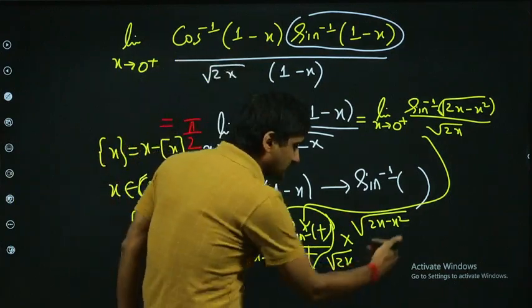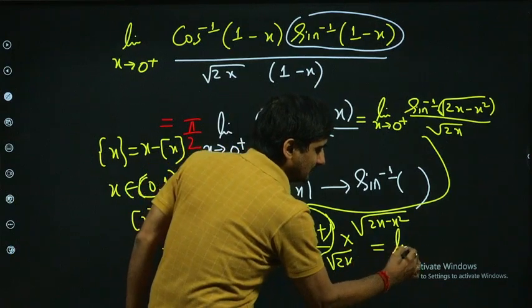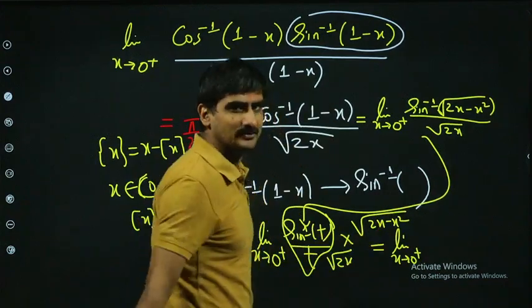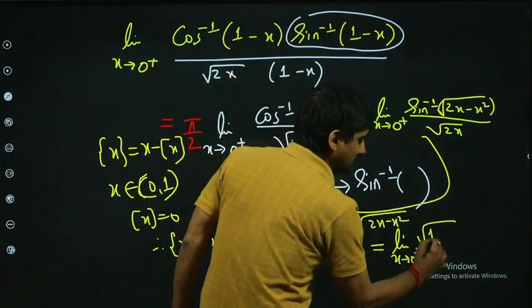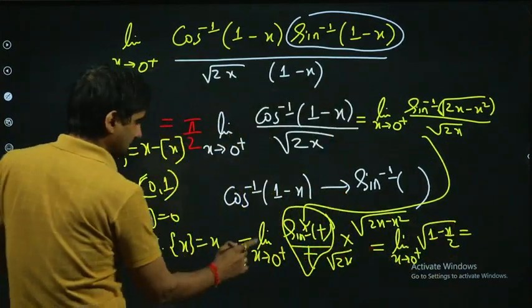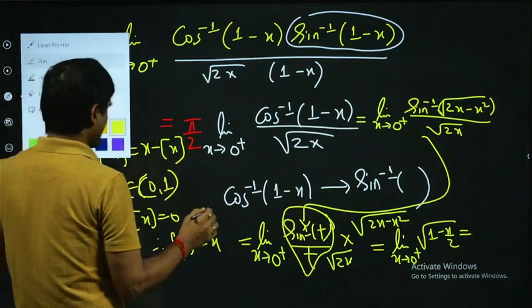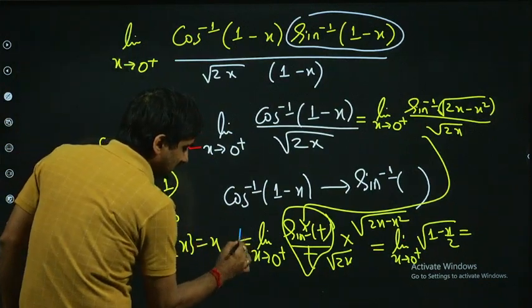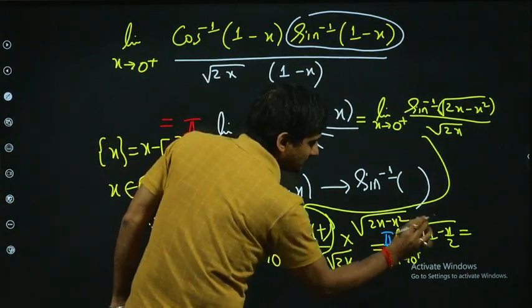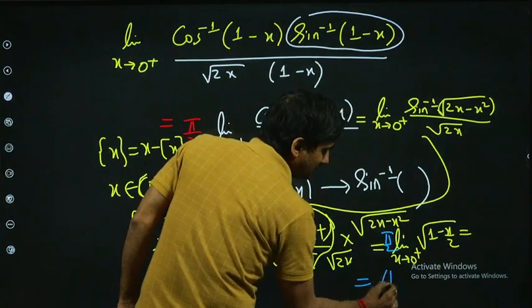Now you take this inside, so as x tends to 0 from the right side, root 2x you divide in the numerator, so this will become root of 1 minus x by 2, which is nothing but 1. Of course I missed it, we had pi by 2 also outside, so it's pi by 2 times this. So this is 1, so the answer is pi by 2.